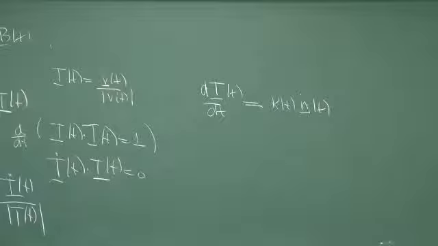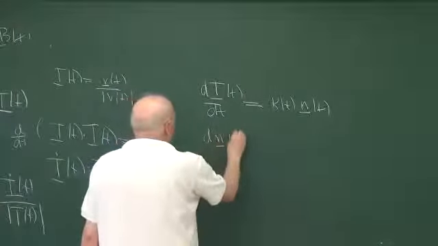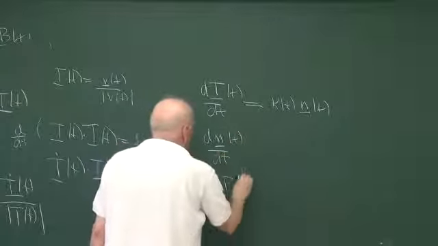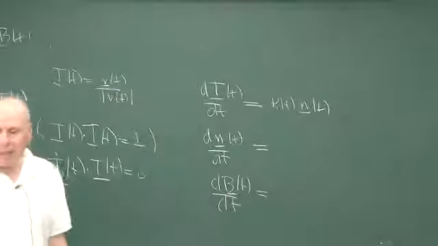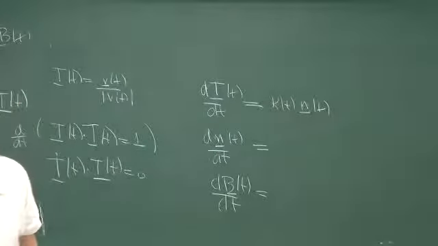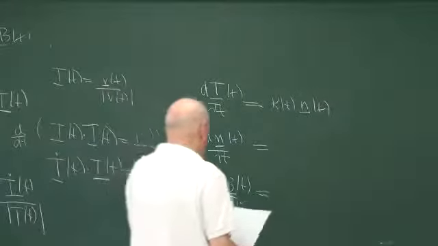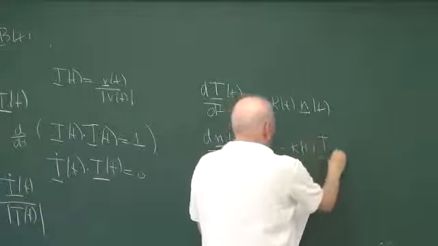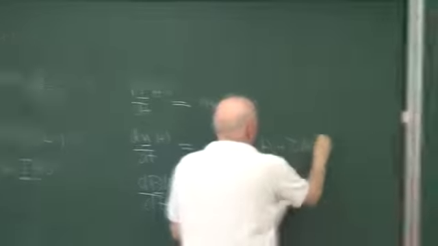Then now an exercise is, what are the other two? So what's the n dt and b dt? Okay, so if you differentiate the n dt, it can't be in the n direction because it's perpendicular to the n direction, so it has to be a linear combination of the other two directions, and tau of t.